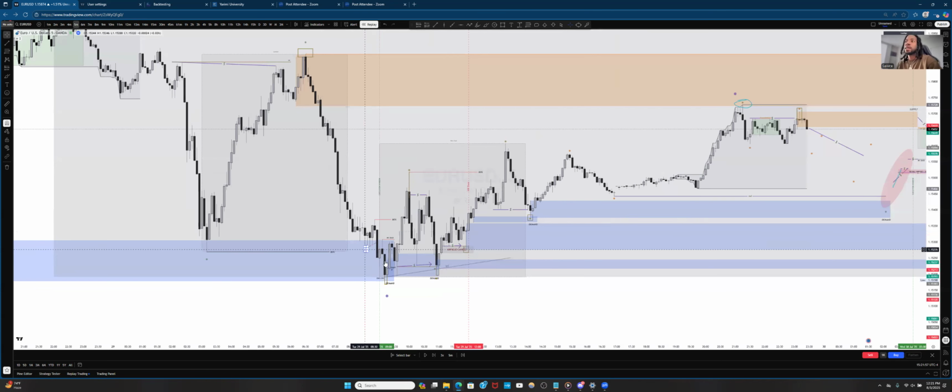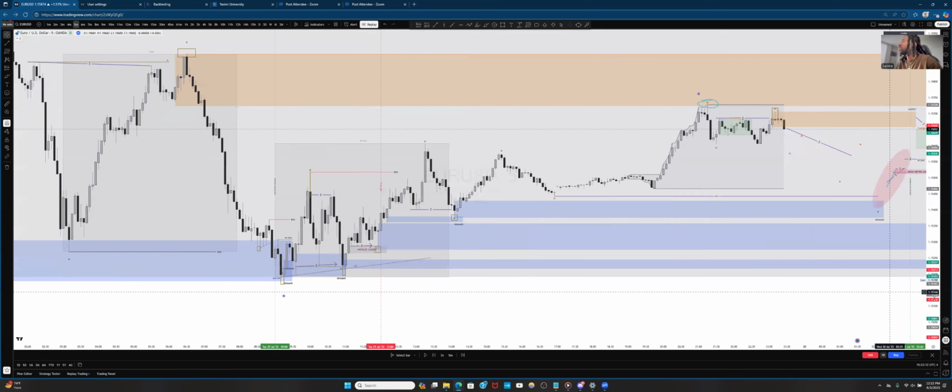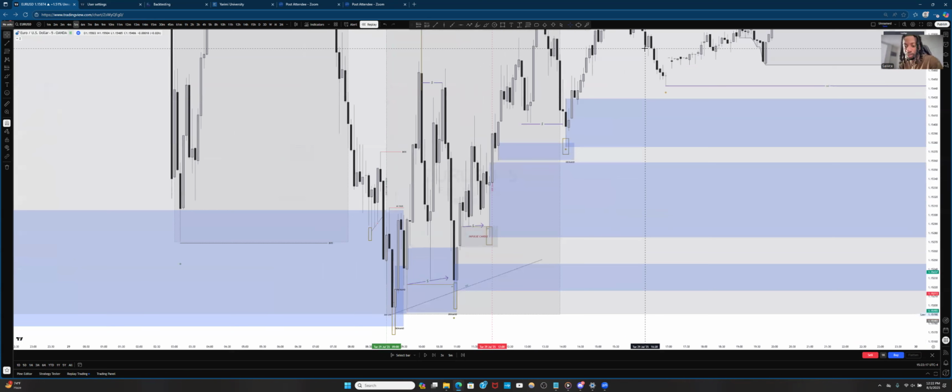No, it mitigated the zone to give itself the reaction, the momentum it needs to get back to the point of origin that led to the breakup structure so that it can mitigate it and push lower again, right? So I watched through. So this is how I narrated the trade.